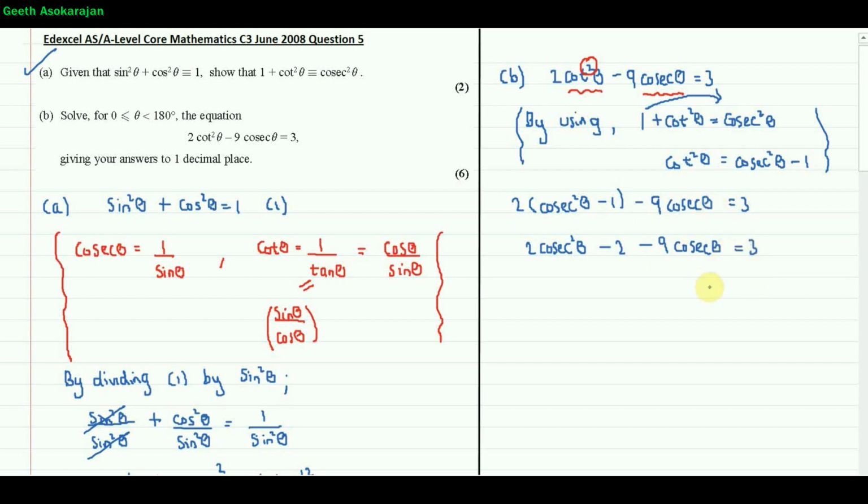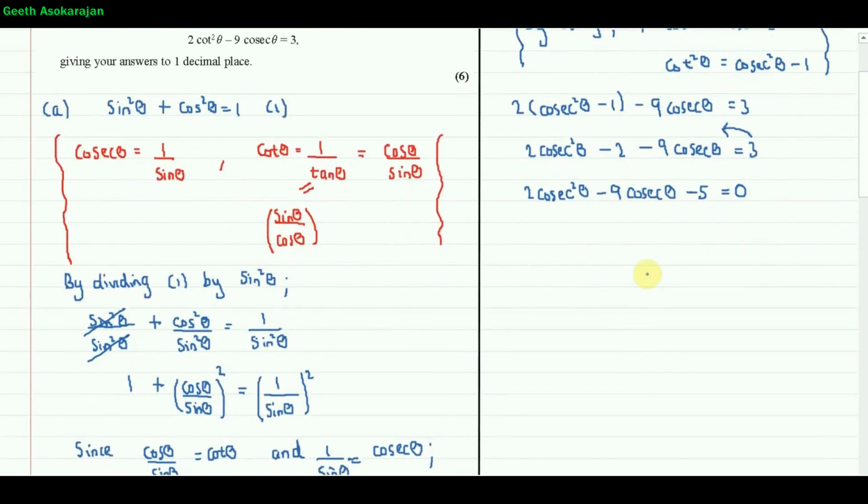Now let me form a quadratic in terms of cosec. Let me take the 3 to the left hand side to give me this quadratic: 2 cosec squared theta minus 9 cosec theta, minus 2 minus 3 is minus 5, and that is equal to 0. Now you don't need to do this. You can solve this equation in terms of cosec, but what I tend to do is use a substitution.